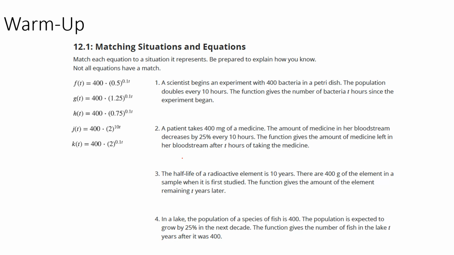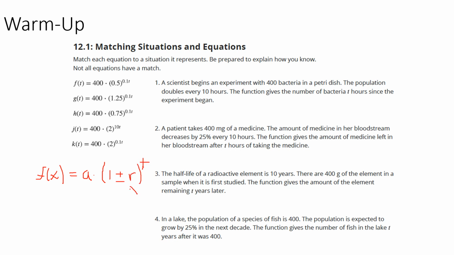All right, now that you had a chance to do this, let's do a quick review of these exponential functions. We learned that exponential functions always had to do with the initial amount times 1 plus or minus r, to the t power.